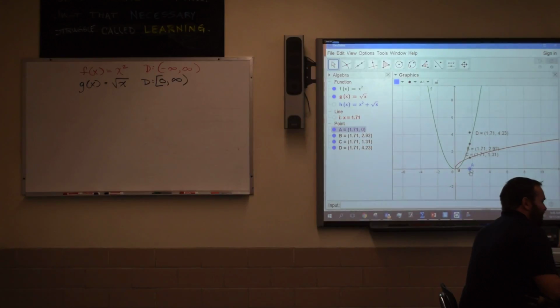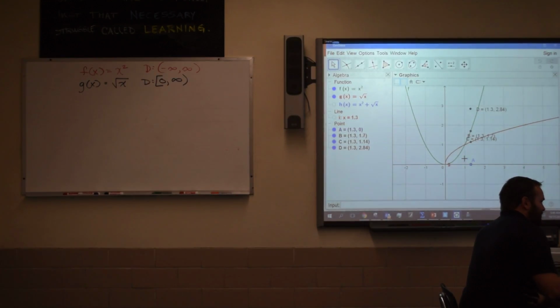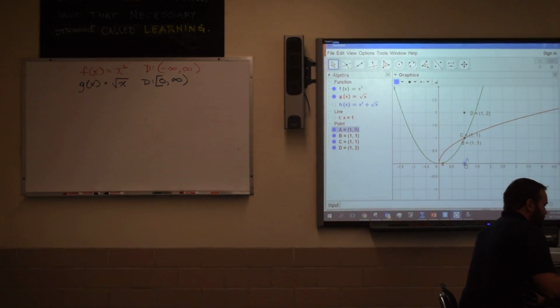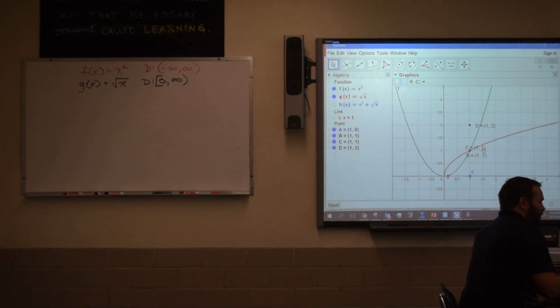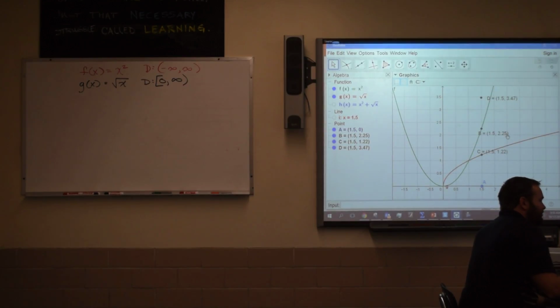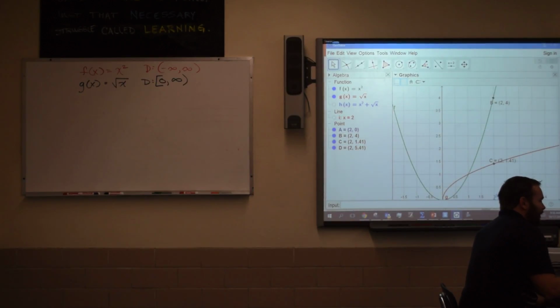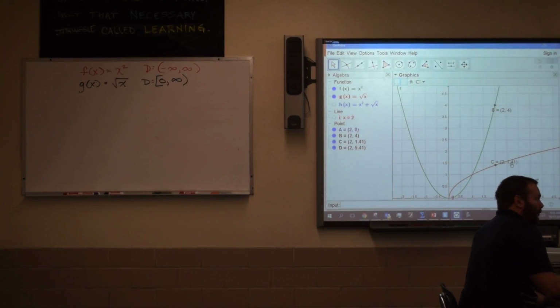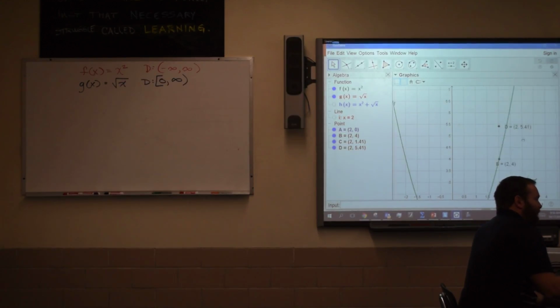Obviously you're seeing that point D provided when I add, so D is the point that is on that new curve. So when I have an x value of 1, I can take 1 plus 1 and get 2. When I have an x value of 1.5, I can take 1.22 plus 2.25, and get 3.47. When I have an x value of 2, I can take the square root of 2, 1.41, plus 2 squared, which is 4. I should be able to add those together to get 5.41, right?